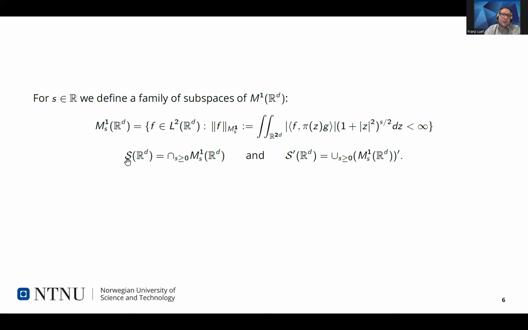In the end you get the Schwartz class of test functions, and its dual space is the space of tempered distributions. The advantage is that you have a non-local characterization of the Schwartz class, using only the Schrödinger representation and some decay condition on these matrix coefficients.